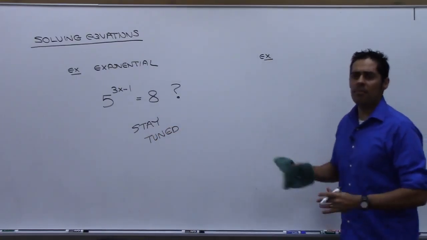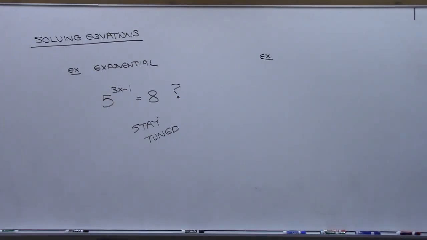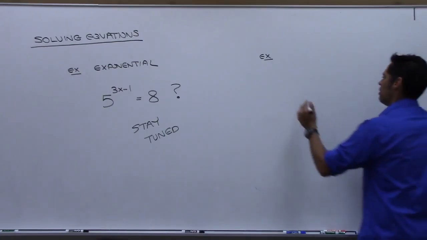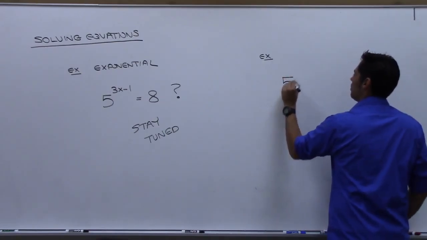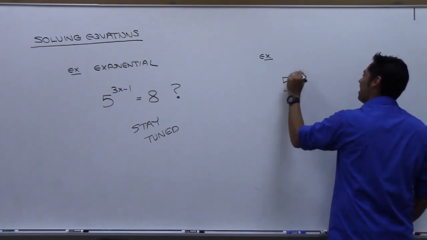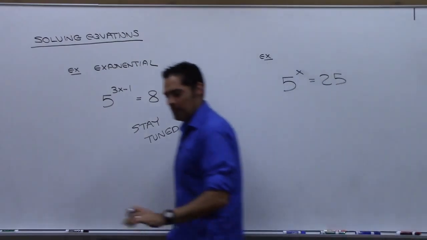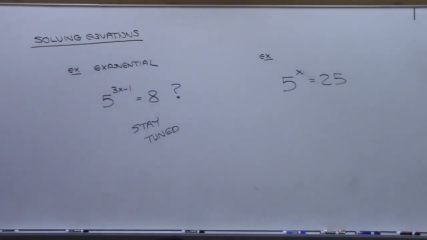But there are some things that we actually can handle if they're written a certain way. Like this. I'll make it real simple for us. I just freaking gave it away. Sorry. Oops. But I think you would have got it anyway. x is 2.